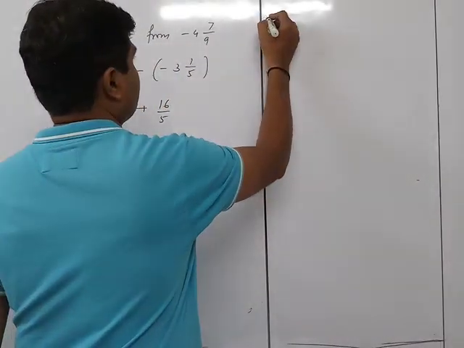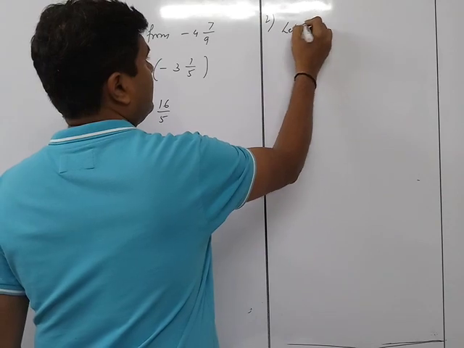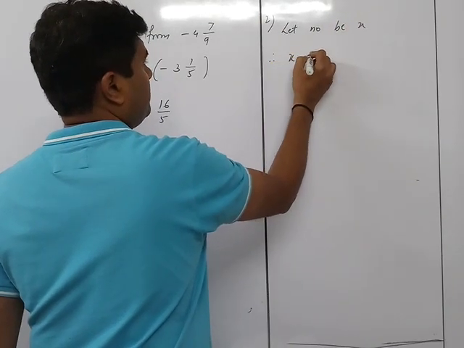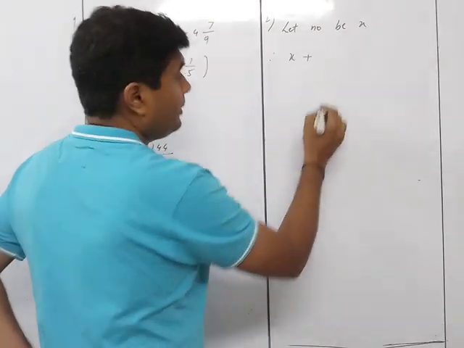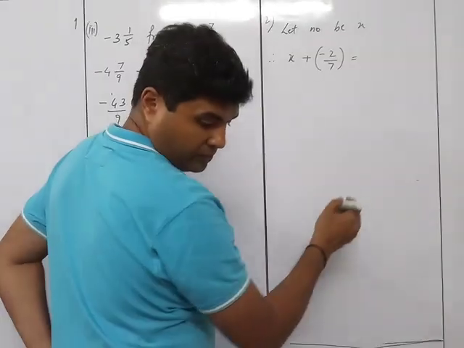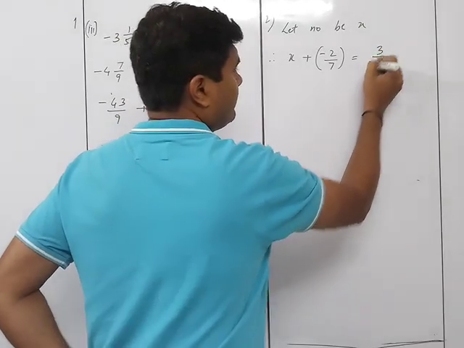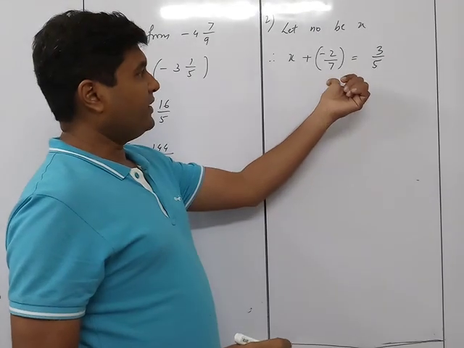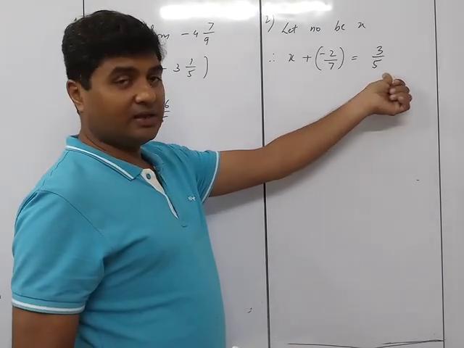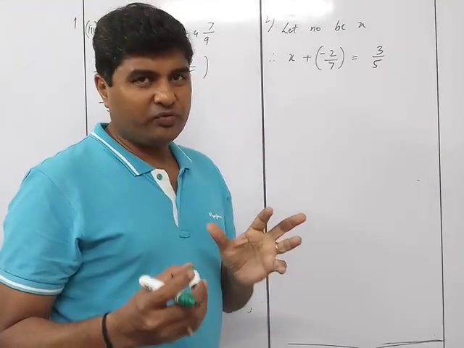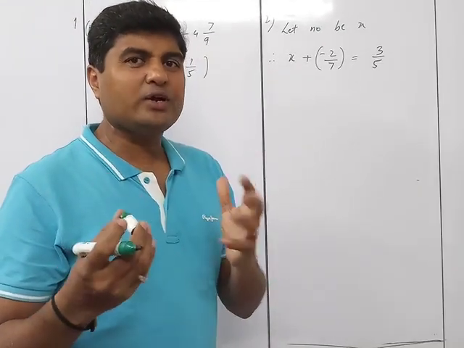Let the number be x, therefore x plus minus 2 upon 7 is equal to 3 upon 5. This is what is given. If one of the numbers is minus 2 upon 7, find the other number. Find x, right? Always, if you take it as x, it is much easier to understand.